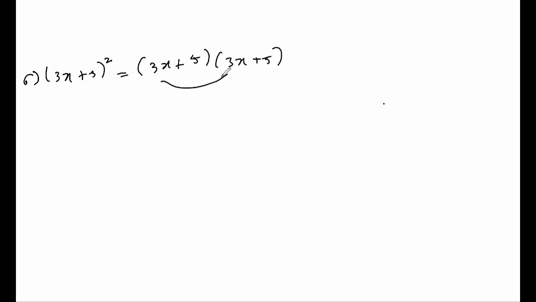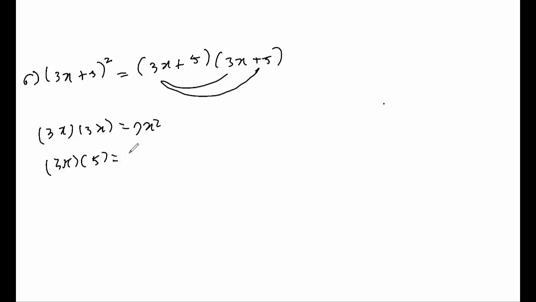So here we have 3x times 3x, and this will give us 9x squared. And then we have 3x times 5, and that will give us 15x.